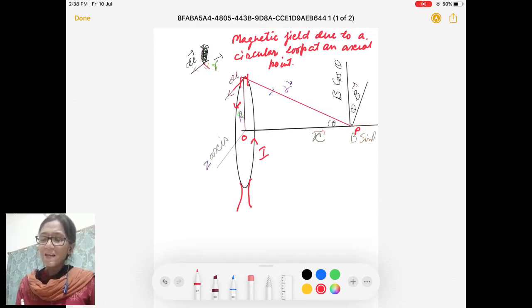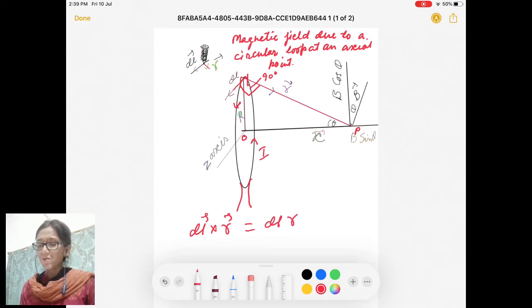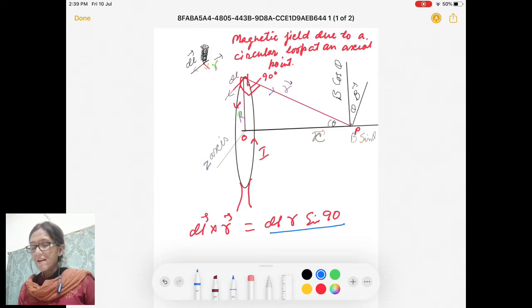So the angle theta between dl vector and r vector is 90 degree. So what will be the value of dl cross r? Dl cross r will be equal to dl r sine 90. This is your magnitude, and I will associate with this magnitude its direction.